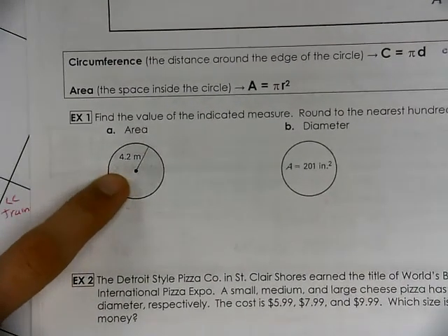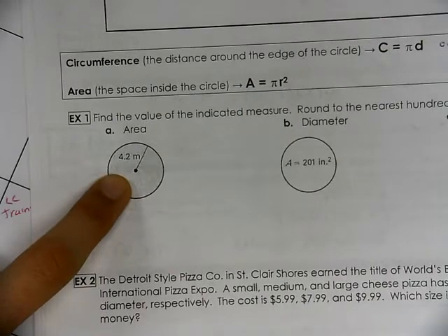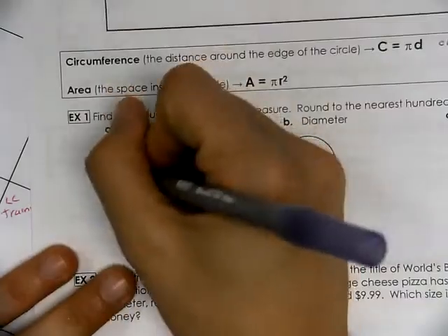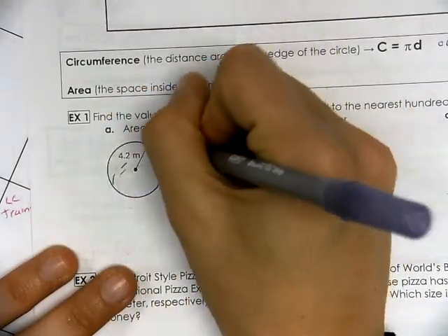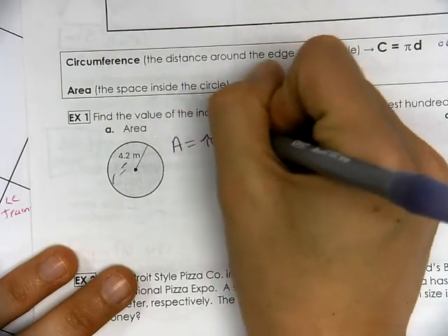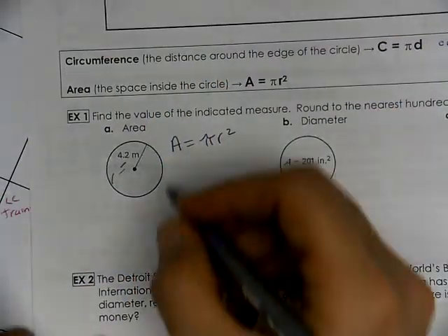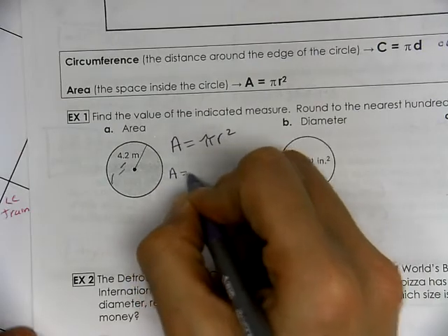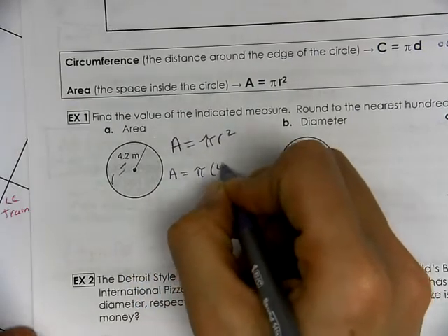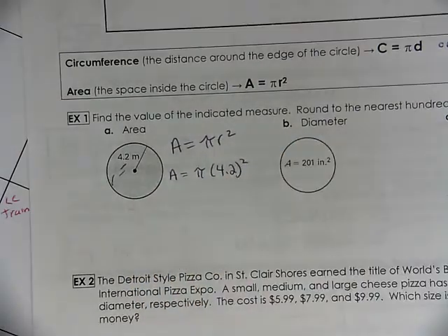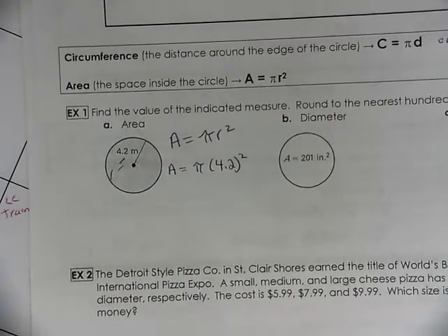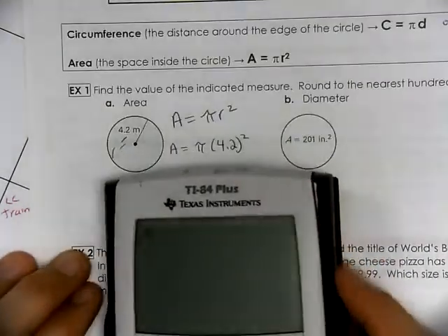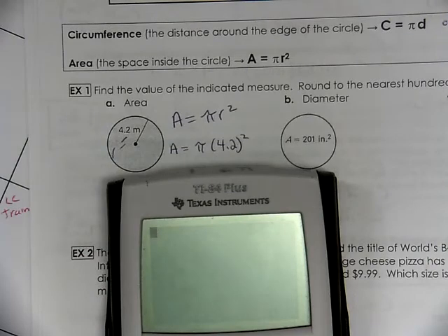So in example 1, 4.2, is that a radius or diameter? Radius. So area is pi r squared. So if I do exact, I'm going to do pi times 4.2 squared. So if you do 4.2 squared, now you're only squaring the 4.2.